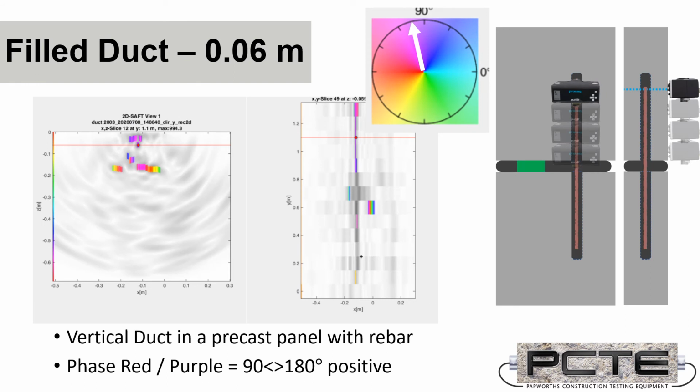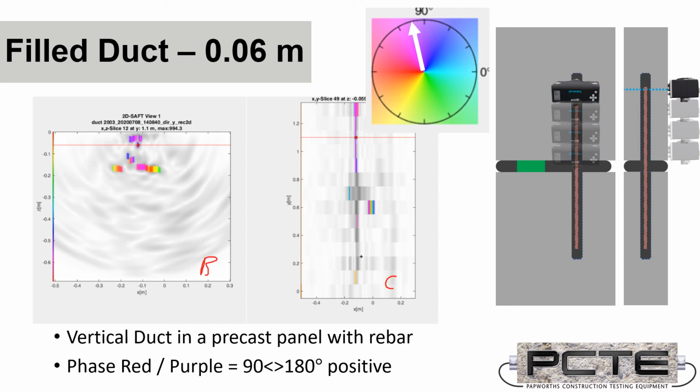We can now begin looking at data collected over a completely grouted duct and compare it with data taken on a duct before it was grouted, so a fully voided duct. In this particular example, this is the grouted duct. Because the geometry allows measurement over the entire length of that duct, we now have what's called a C-scan presentation on the right, in addition to the B-scan.